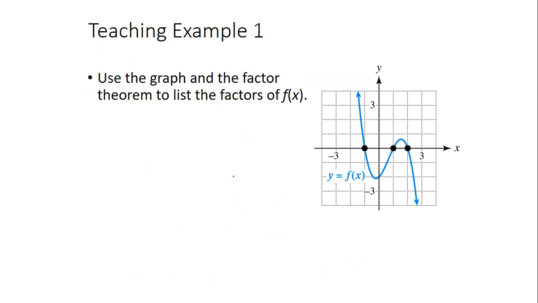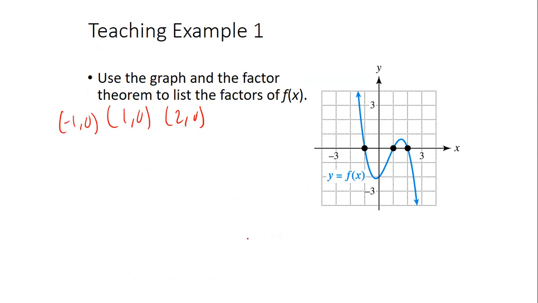All right. So applying the factor theorem, the first thing I'm going to do is identify my x-intercepts. Looking at this cubic function we have here, what are my x-intercepts? So we have -1, 1, and 2 as my x-intercepts, right?